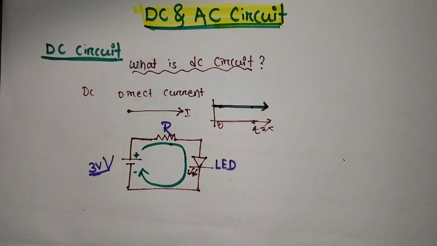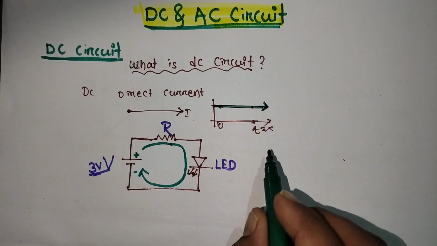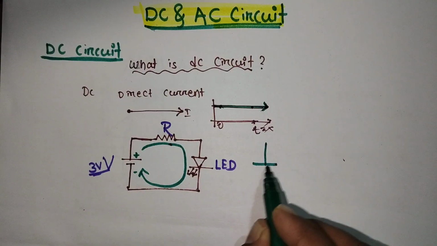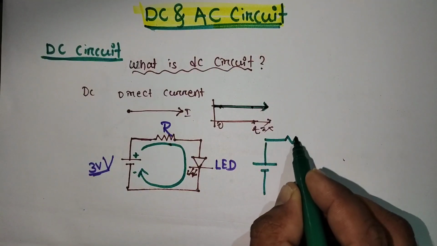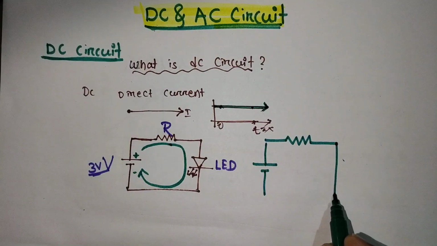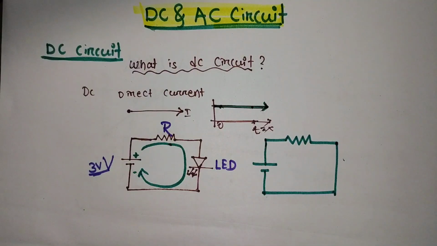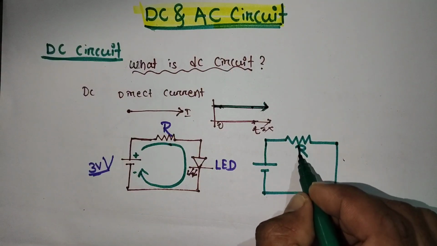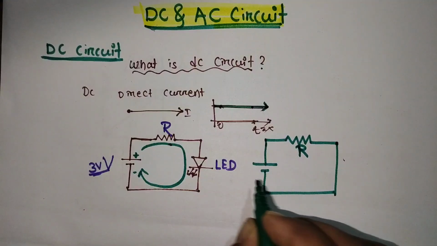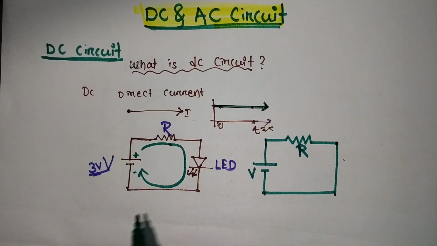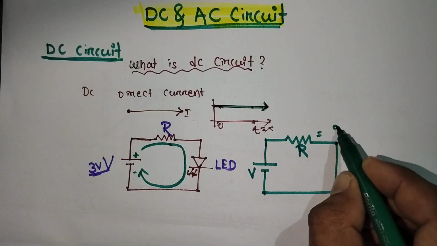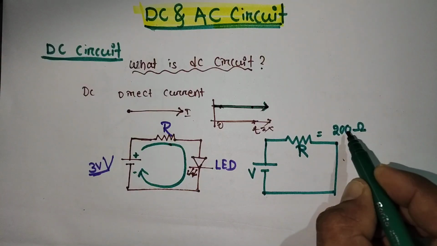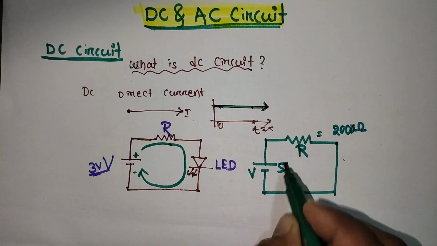Okay, now if I draw one circuit with only a voltage source and a resistor, how will it behave? Always, in the DC case or the AC case, we know about Ohm's law. Here this is the voltage and this is the resistor. Suppose the R value is 2000 ohm and the voltage is 5 volt.